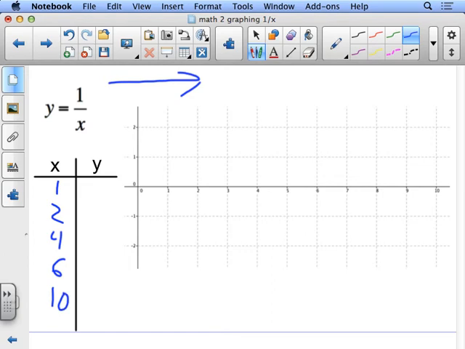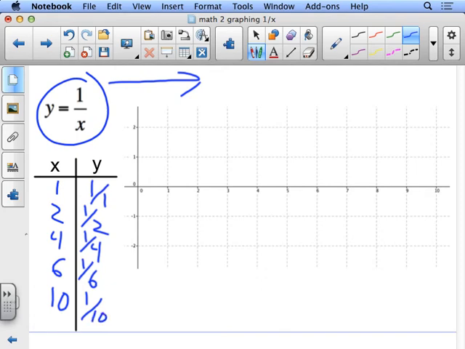We'll just pick these x's. When we put x equals 1 in, we got 1. Remember, it was 1 over 1. When we put x equals 2 in, we get 1 over 2. Realize we're always going back to this. When x equals 4, we get 1 over 4. 1 over 6, 1 over 10.